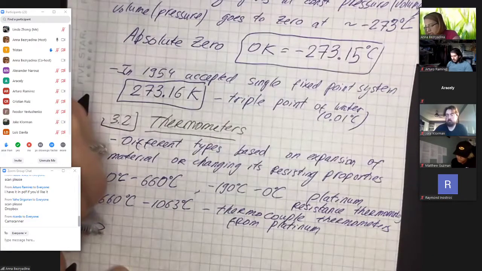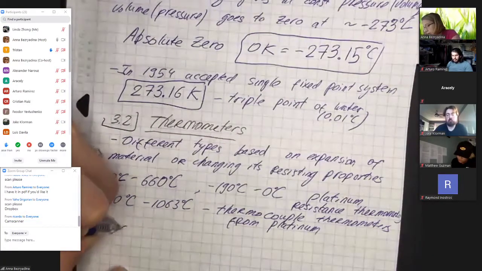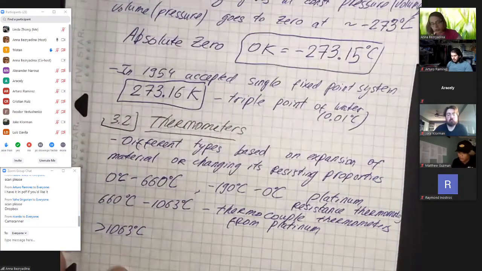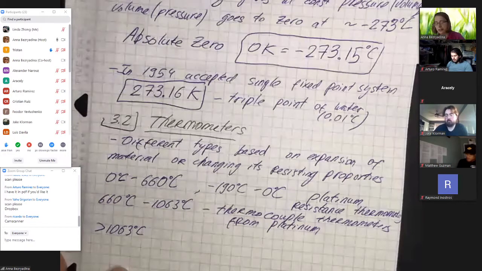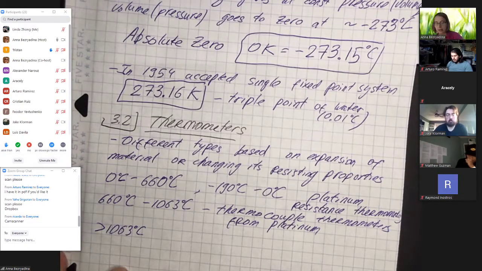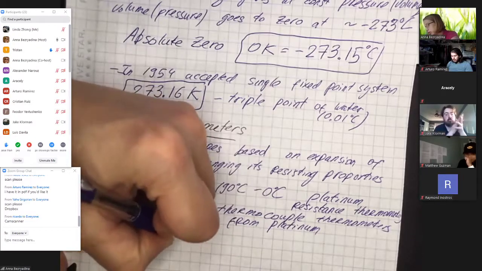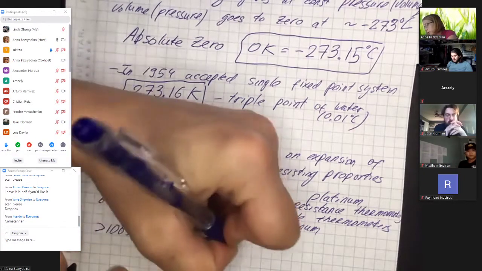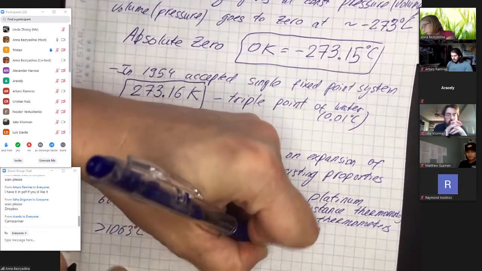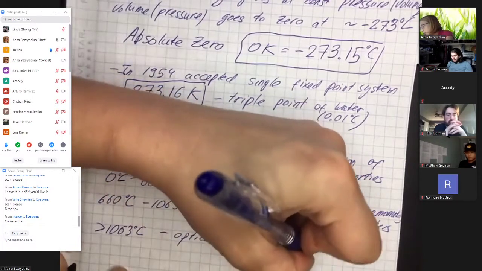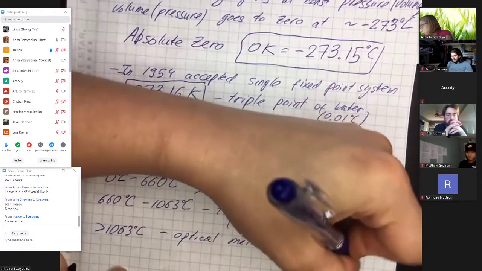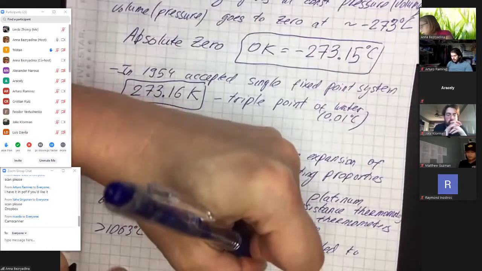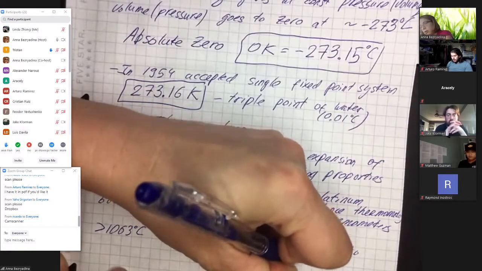And if you want to measure something bigger than 1063 degrees Celsius, you can use optical methods related to radiation. Okay, I'm done.